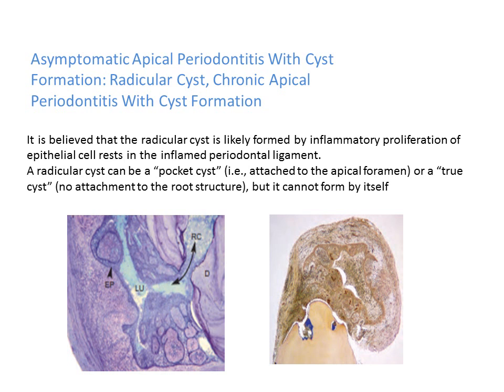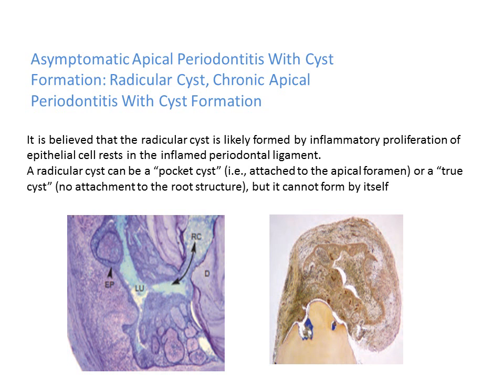Okay, it's either a pocket cyst which is attached to the apical foramen, as you see here in the blue colored picture, and you can see the arrows that tell you this liquefaction is an extension from the apical foramen. It's clear here.